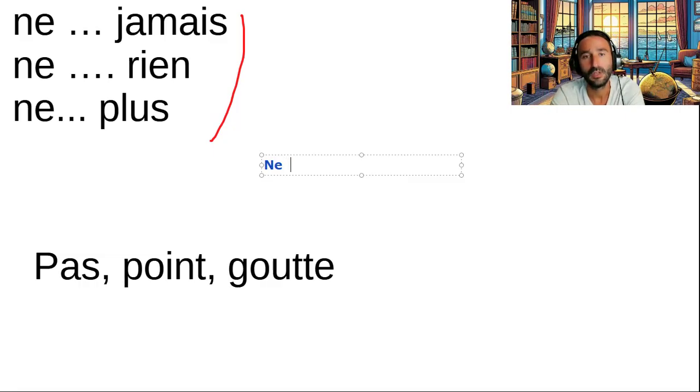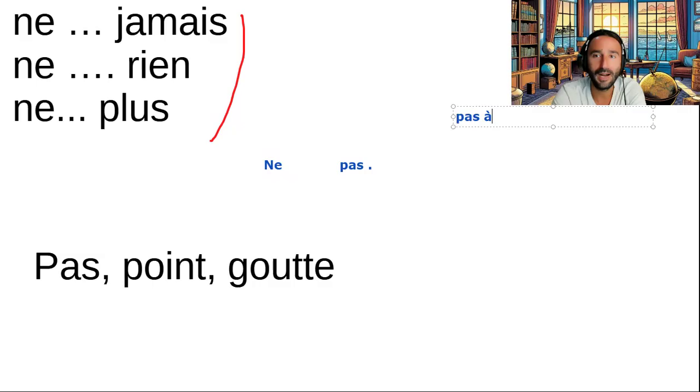Ne. But the thing is, ne, ne, ne, ne, je ne mange, je ne mange. We don't listen to it very well. So what people do to insist on the negation, they add pas. That means literally step. A step, un pas. For example, pas à pas means step by step.